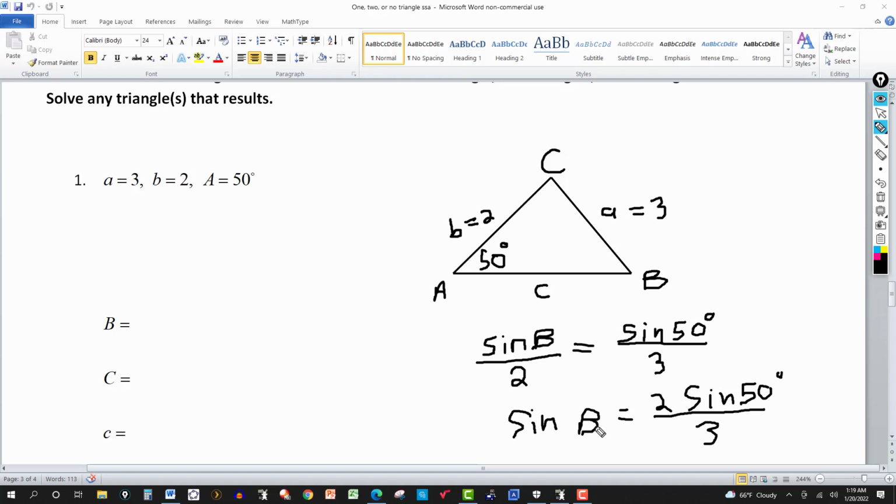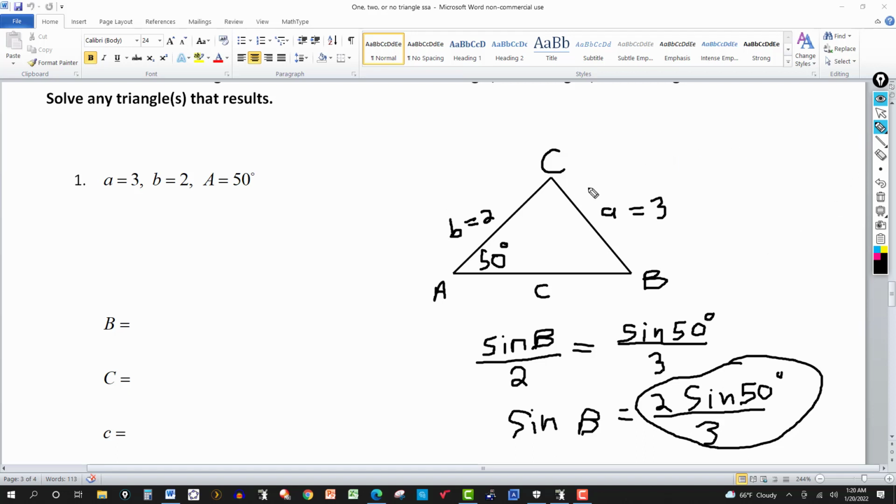At this point here, if you were to calculate this in your calculator, and you get a number larger than 1, remember the domain of the sine function is between -1 and 1. So if you get something outside that range, it's not defined. That's the case where there's no solution. So you can do this first to guarantee yourself that there is no solution if it's larger than 1.